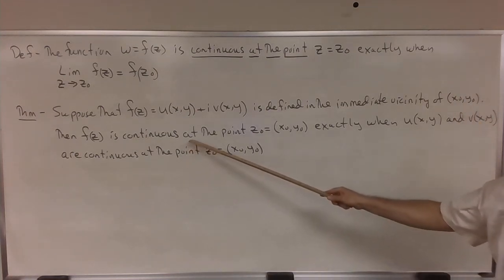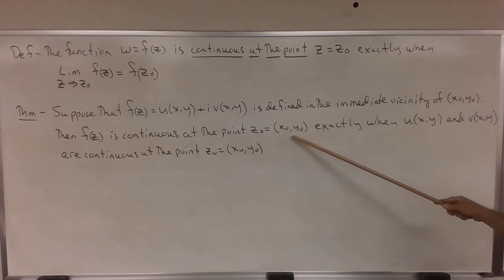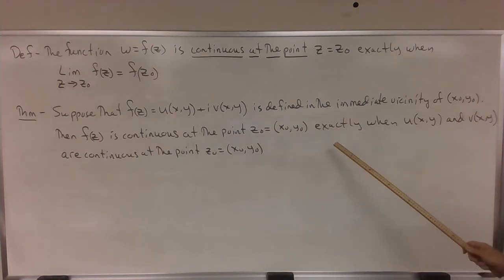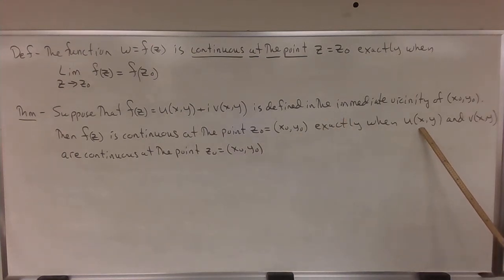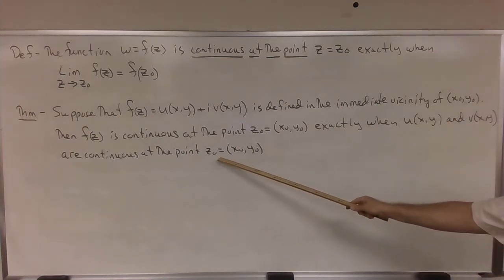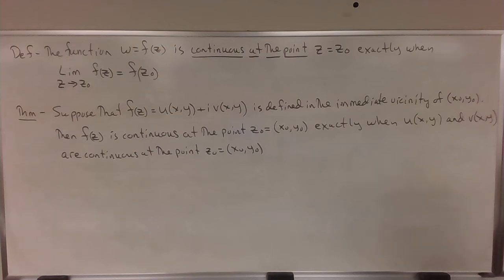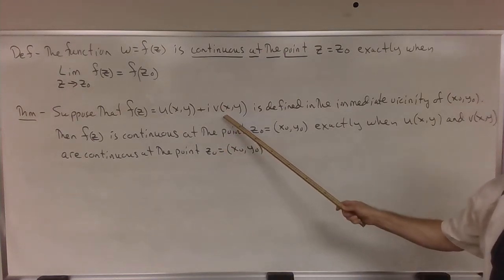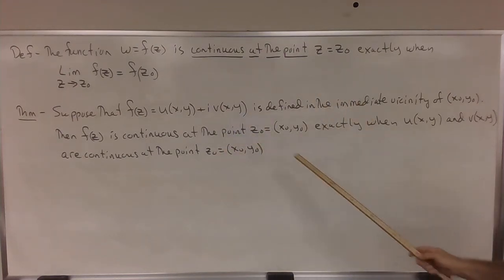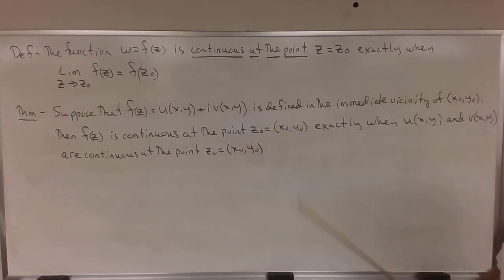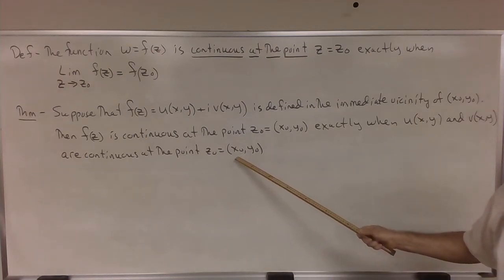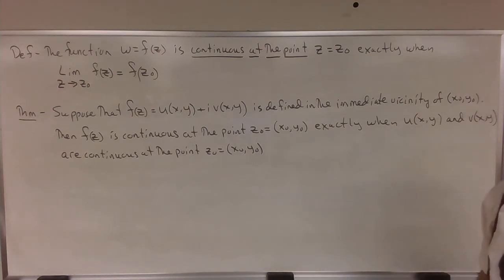Then f of z is continuous at the point z naught equals x naught, y naught exactly when u of x, y and v of x, y are continuous at the point. So a complex valued function is continuous at a point z naught exactly when the real part and the imaginary part are continuous at the point z naught.